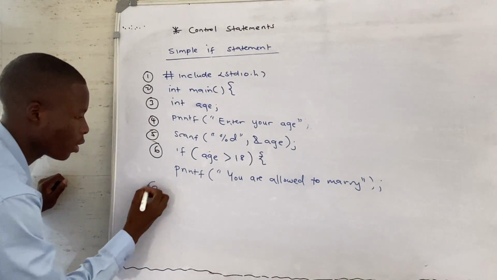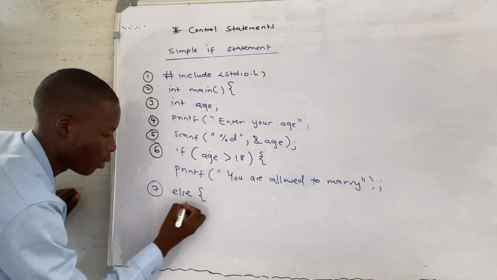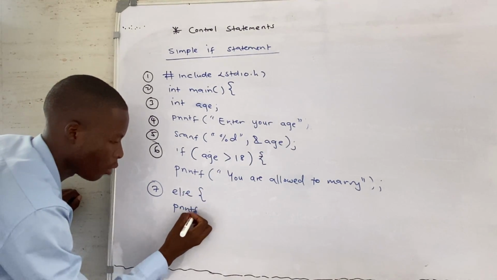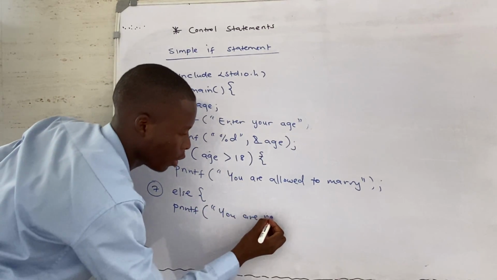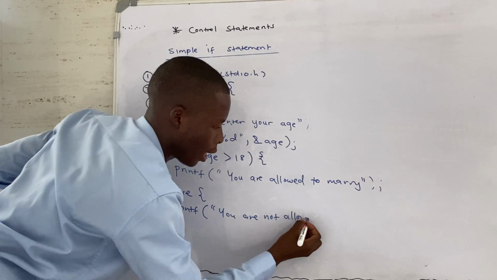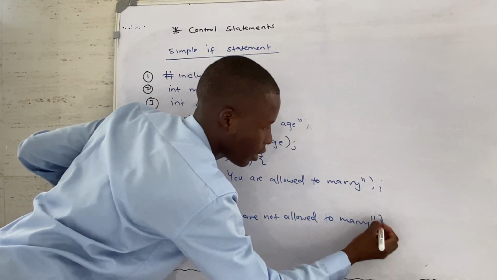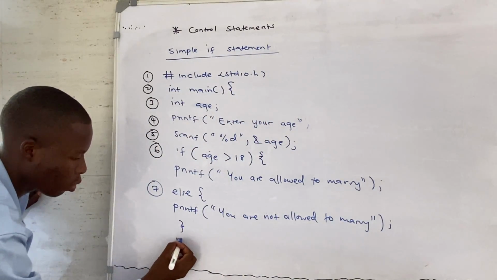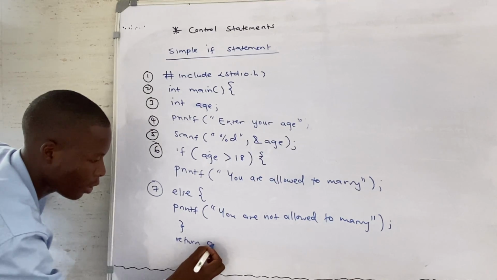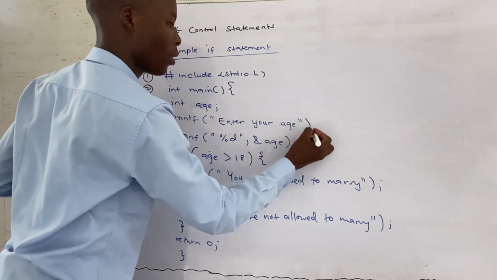Here I'm going to write else, you are not allowed to marry. We want to check the difference now. You are not allowed to marry. Return 0 and this. Okay?